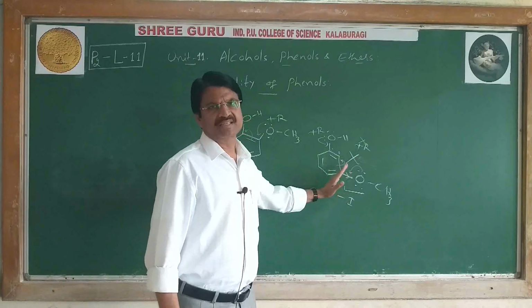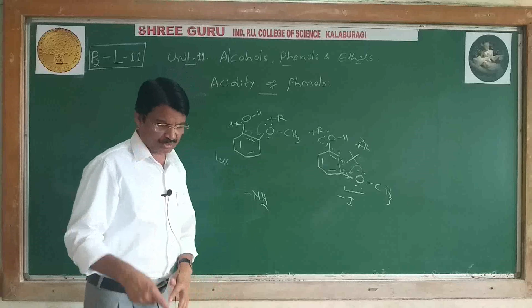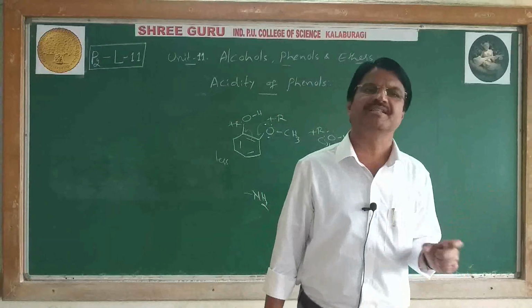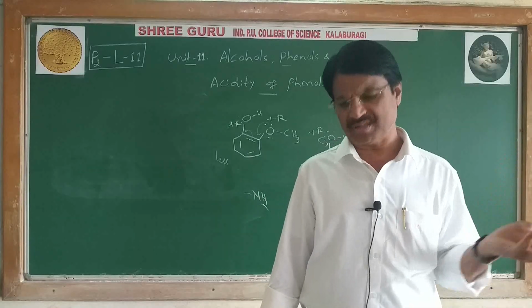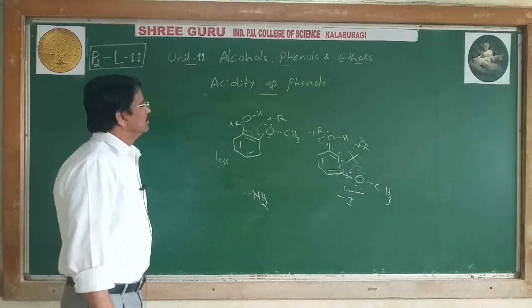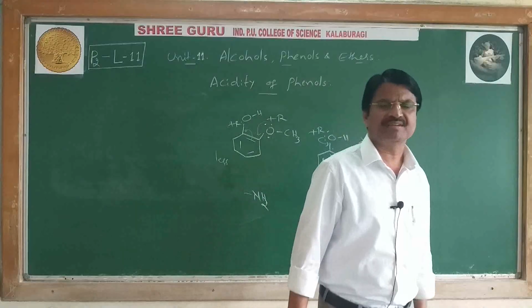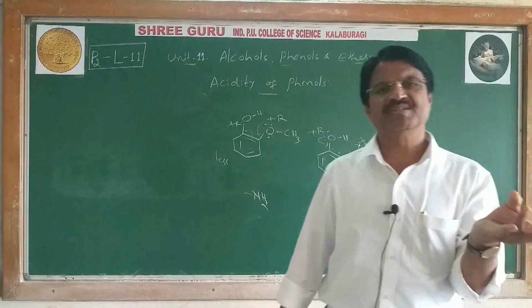It can act as an EWG type, hence it is called more acidic. Meta-methoxy or meta-aminophenols are more acidic than ortho- and para-methoxyphenols or ortho-aminophenol and para-aminophenol. So this is about the acidic character of phenol based on the inductive effect, resonance effect, and even experiments with sodium and sodium hydroxide.